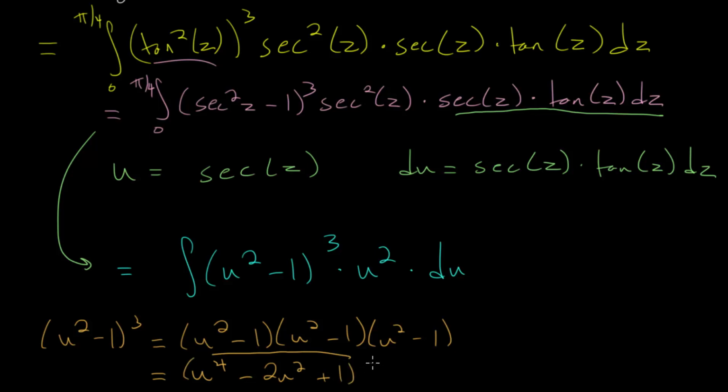And then all of this will be multiplied by u squared minus 1. So let's distribute the u squared first. We get u to the sixth minus 2u to the fourth plus u squared. Then let's distribute the minus 1. We get minus u to the fourth plus 2u squared.